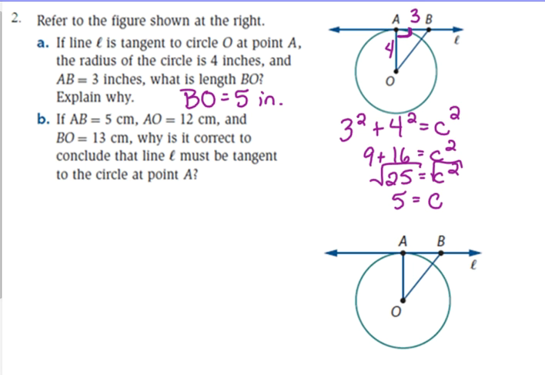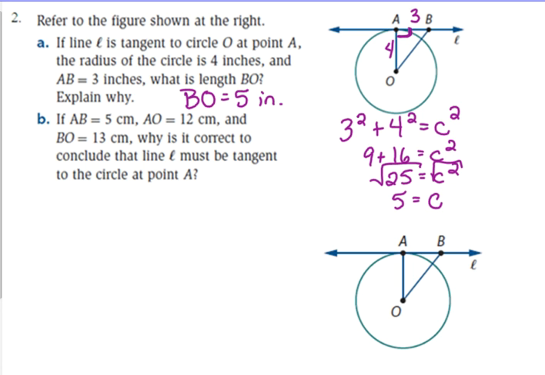Now, here's something you need to know. 3, 4, 5 is a special case of a right triangle. If you didn't learn that in math too, 3, 4, 5, if you were told, like I knew the answer was 5 before, I didn't even have to do the Pythagorean theorem, because I know the 3, 4, 5 triangle. If the two legs are 3 and 4, then the hypotenuse is 5.